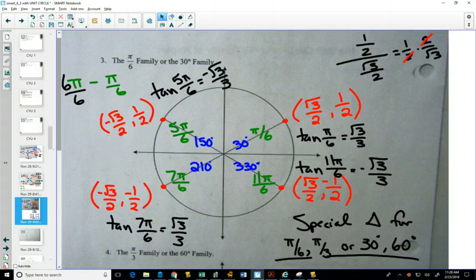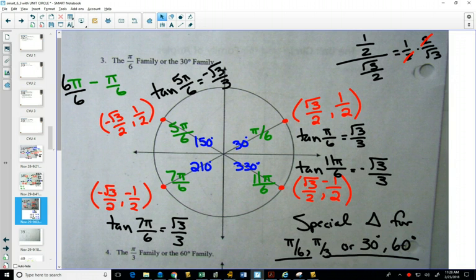Pick our next volunteer. What is sine of 7 pi over 6? Oh, the revenge volunteering. Nice. Sine of 7 pi over 6. No, that would be tan of 7 pi over 6.